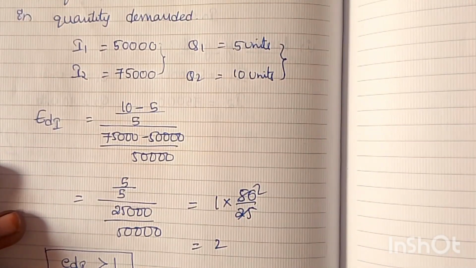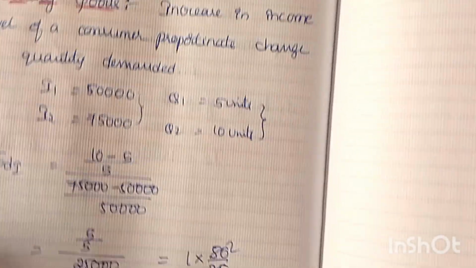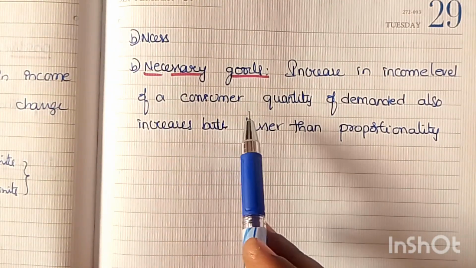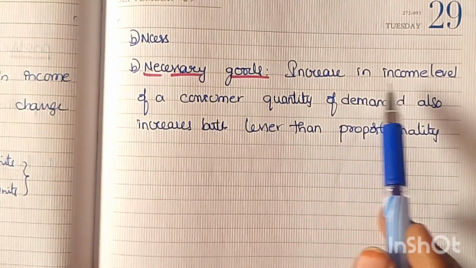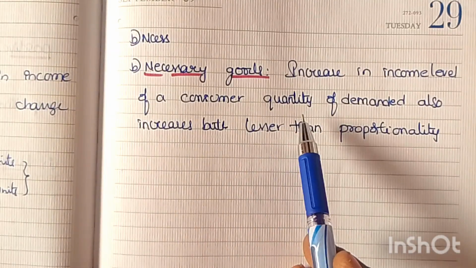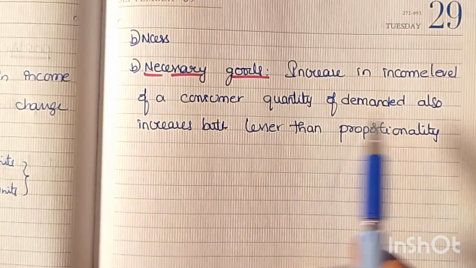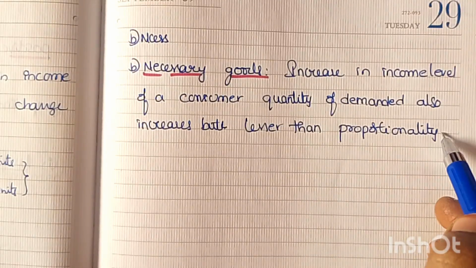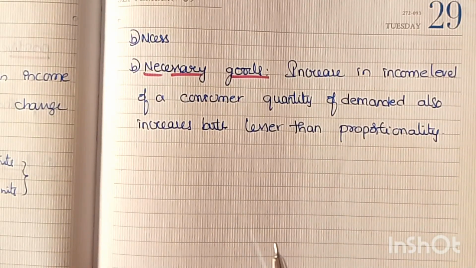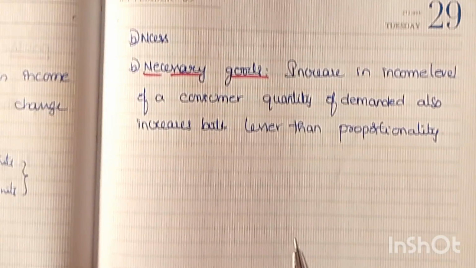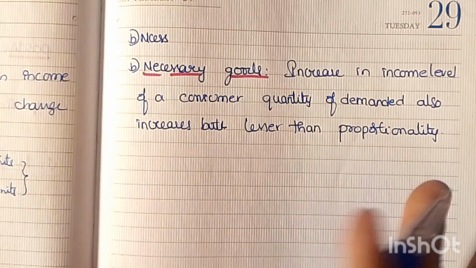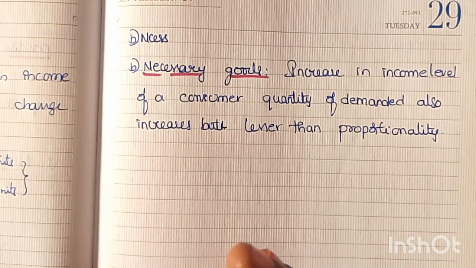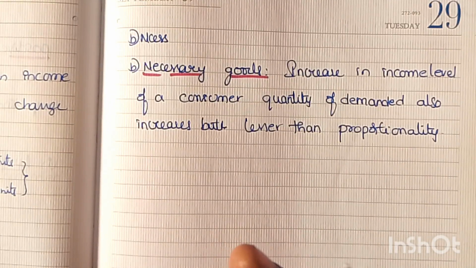Next we will understand necessary goods. The second one is necessary goods. Here, as the income level of a consumer increases, the quantity demanded also increases, but with less than proportionality.